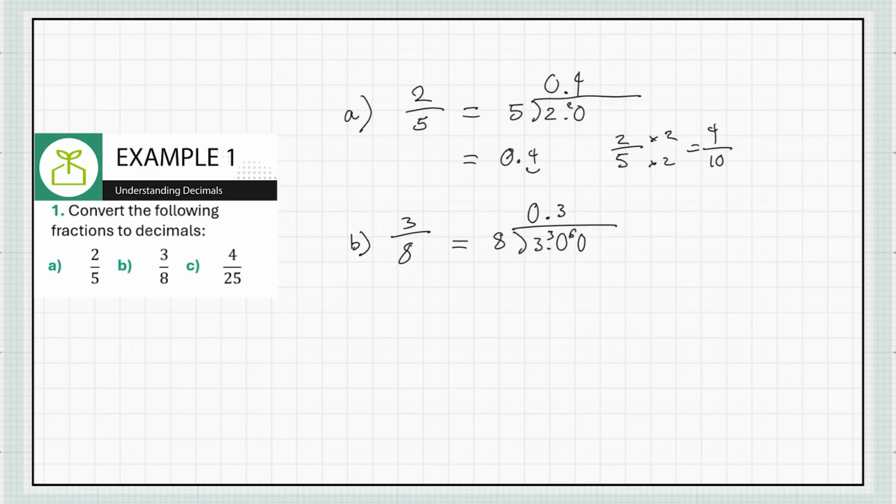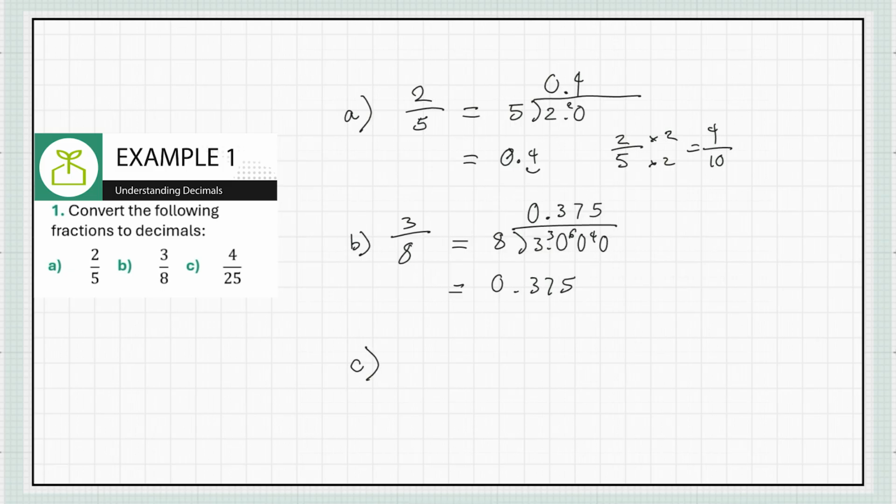How many times does 8 go into 60? It goes in there 7 times for a value of 56, with a remainder of 4. How many times does 8 go into 40? It goes into 40 5 times. So the result here is 0.375.